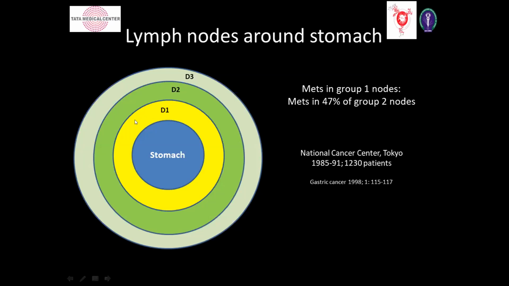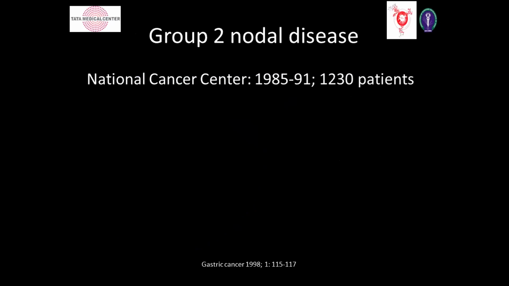So why are D1, D2, D3 important? There is a publication from the Japanese. They have given their data on up to 1200 patients. They have shown that if there is a metastasis in a group 1 node, there is a 47% chance the patient will have mets in the D2 group of lymph nodes. So proper staging and proper lymph nodal clearance is the key for management of gastric cancer.